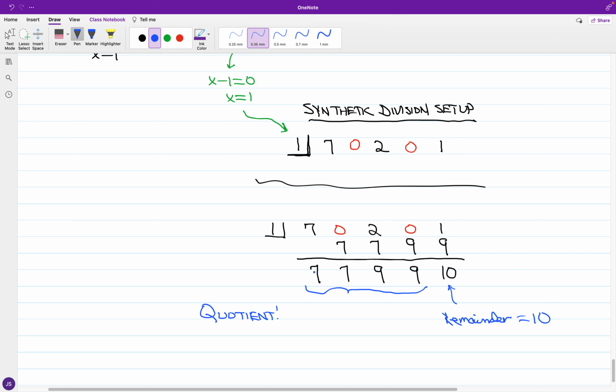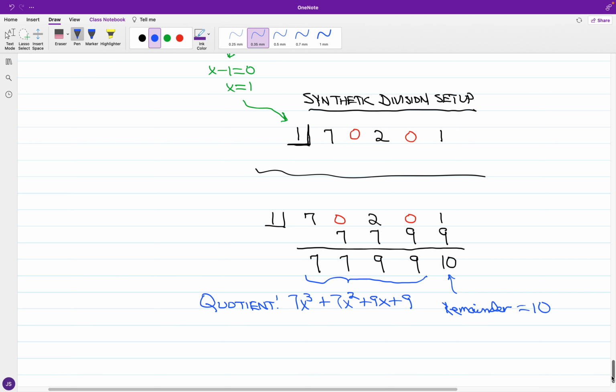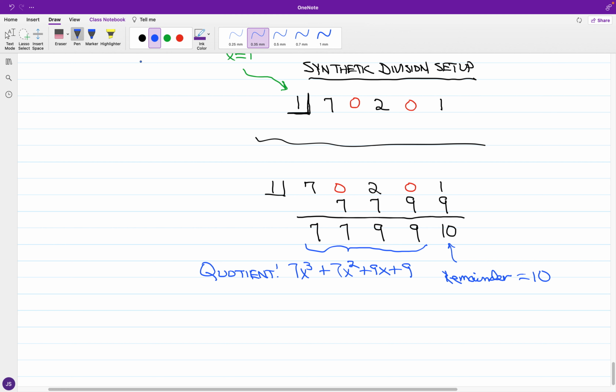So as I'm bringing down this 7, we're transitioning from 7x to the 4th to 7x cubed, and we have plus 7x squared plus 9x plus 9. Okay, and to give you this remaining example of determining the quotient and the remainder.